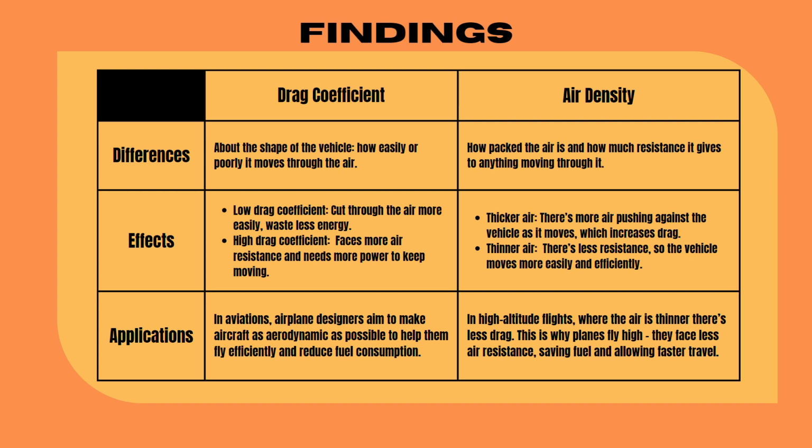So this is why planes fly high, because at the higher altitude, which more people know as flying above the clouds, the air is thinner, therefore less drag is applied to the plane, which will make the air resistance lower, saving more fuel and allowing faster travels.